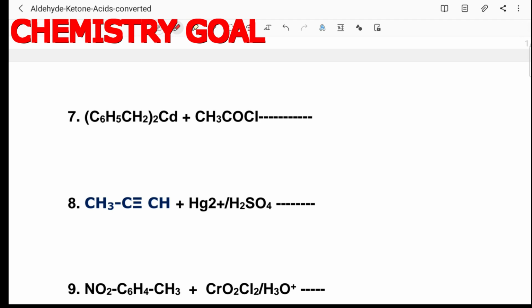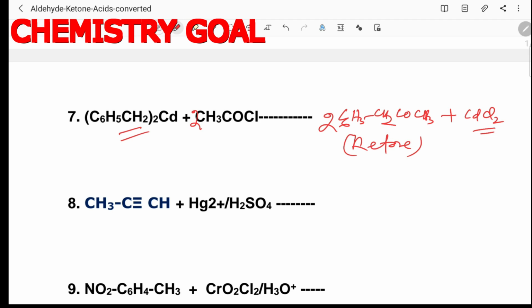Here two ketone molecules are produced, C6H5CH2COCH3, because two molecules of acid chloride react, and the side product is CdCl2. So this is a ketone.